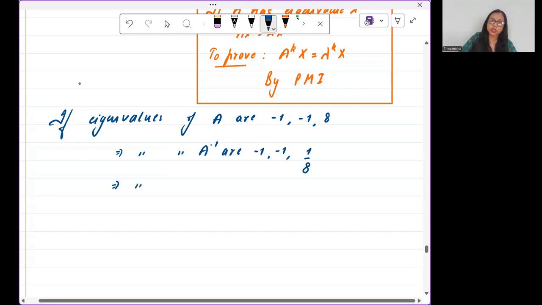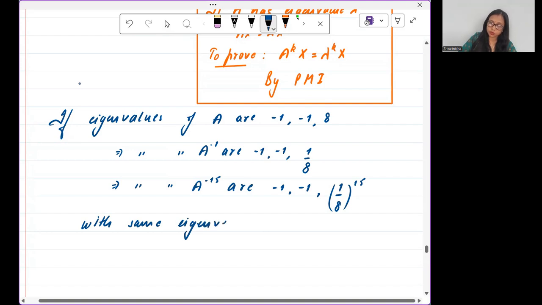And it implies eigenvalues of A raised to power minus 15 are -1 and (1/8) raised to the power 15, with the same eigenvectors as A. This is your last part.